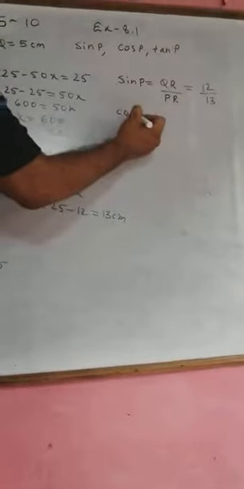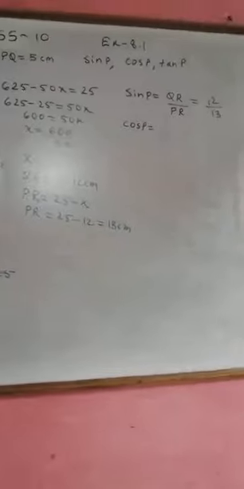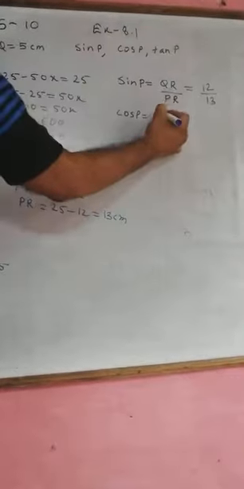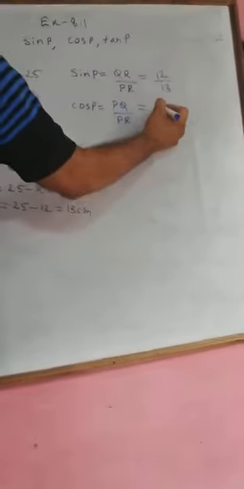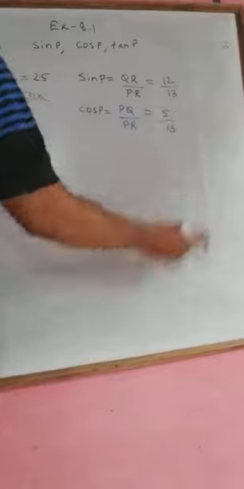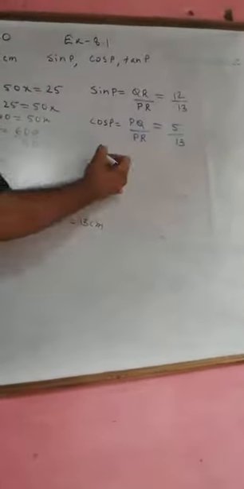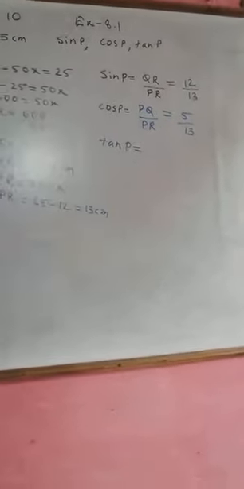Cos P. Cos P formula is base upon hypotenuse. So base side is PQ. Hypotenuse is PR only. PQ is 5. Hypotenuse is 13. So cos P is 5 upon 13. Now we have to find tan P. Formula is perpendicular upon base.